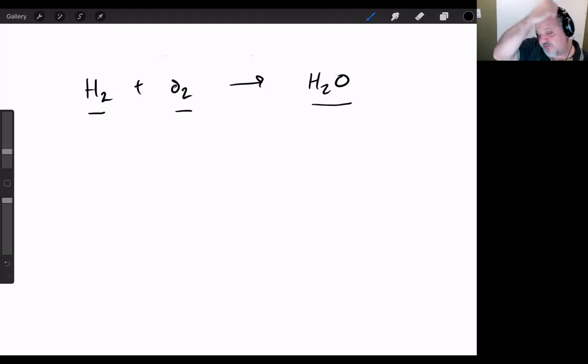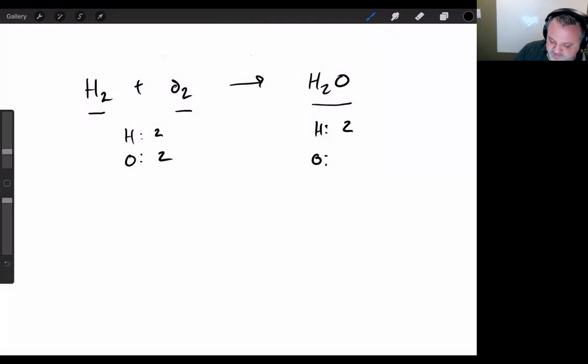So in order to turn it from fiction into nonfiction, I have to balance the numbers and types of atoms on both the reactant and product side. So I've got 2 hydrogens and 2 oxygens on the reactant side. On the product side, 2 hydrogens, but only 1 oxygen.